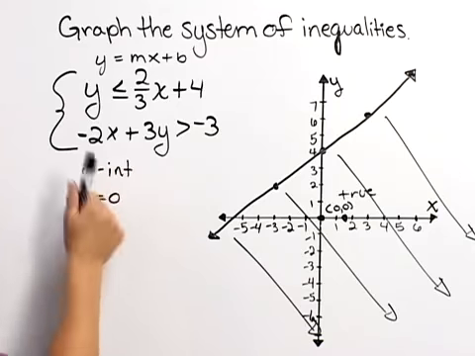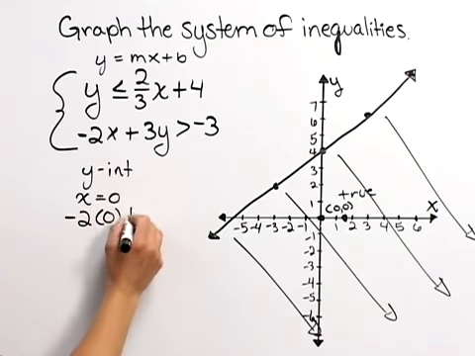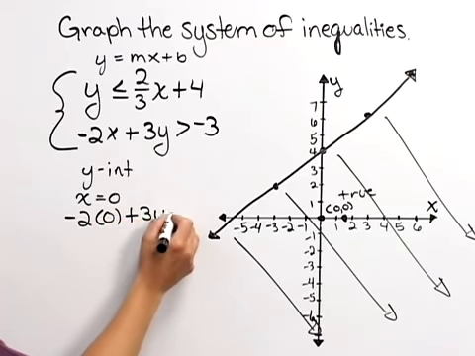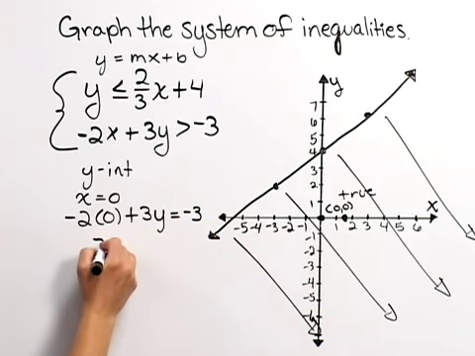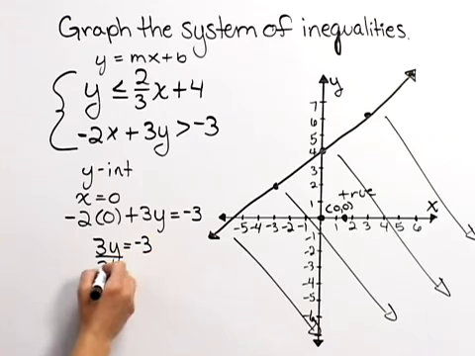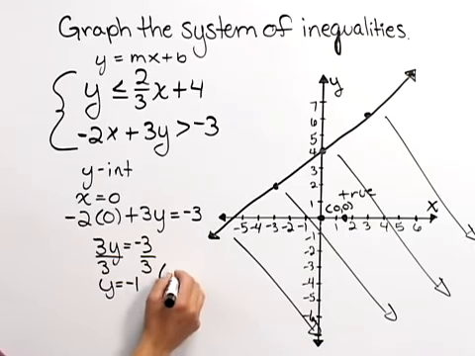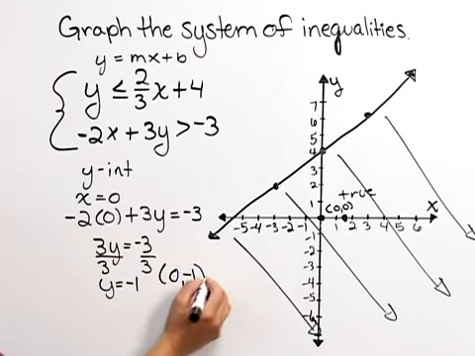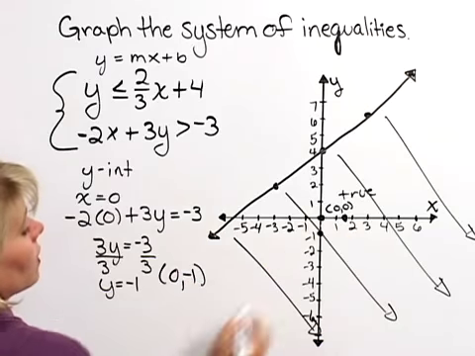So we're going to plug in 0 for the x here to get negative 2 times 0 plus 3y equals negative 3, or 3y equals negative 3. When we divide by 3, y ends up being negative 1. So we have a y-intercept at 0, negative 1. Let's plot that point. It's right there.